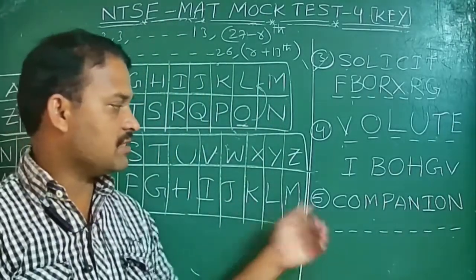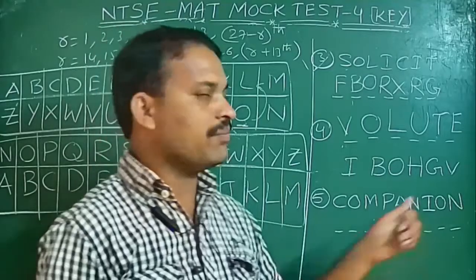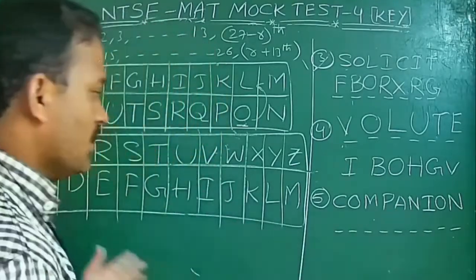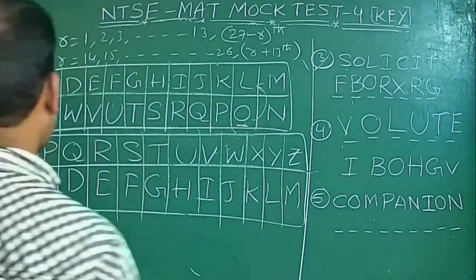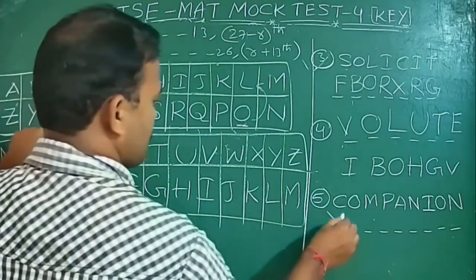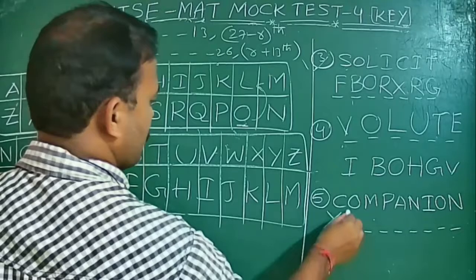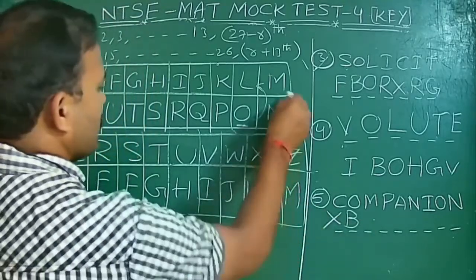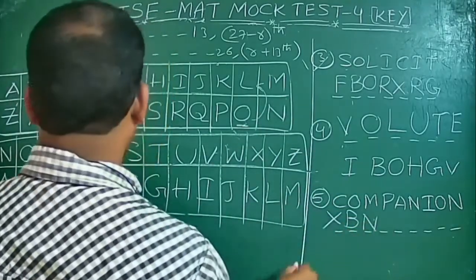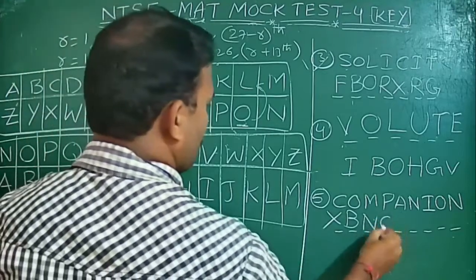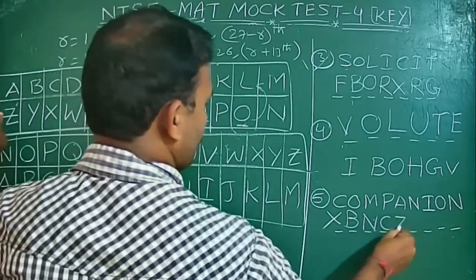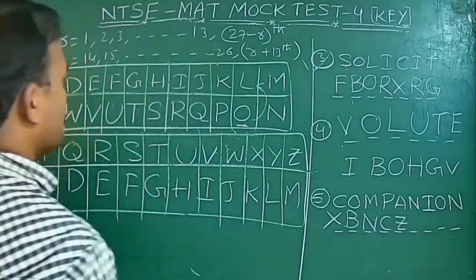So similarly, which word is the code for companion? Companion means, so see here, what is C code? C code is X, and O code is what? O code is B, and M code is N, and P code is C, and A code is Z, and N code is, where is N code?